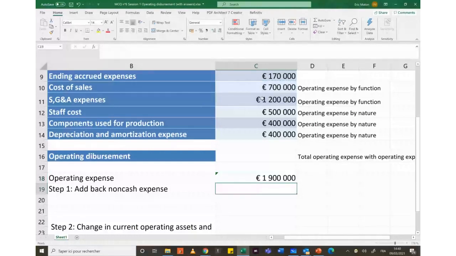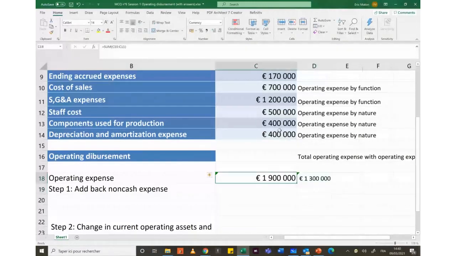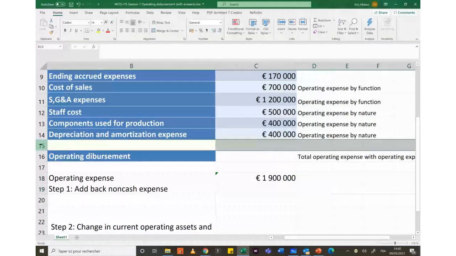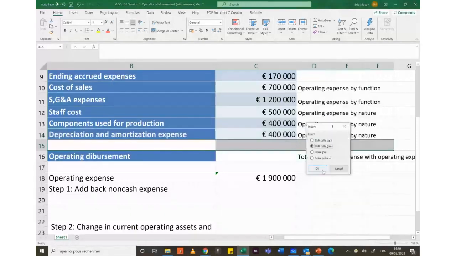If you add the operating expense by nature, you have less. So some operating expense are missing in the operating expense by nature. So if we want by nature, we need the 600,000 other operating expense. So here we should have other operating expense. Insert. Okay.